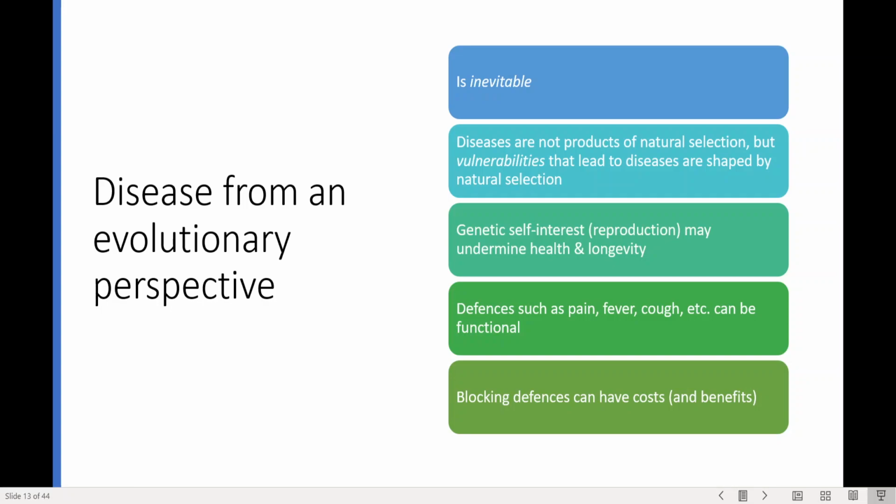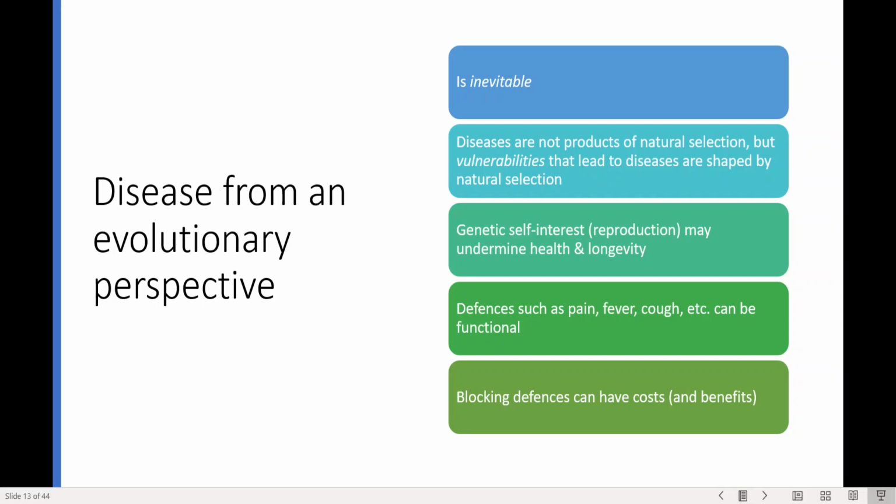The important point here is that diseases are not themselves products of natural selection, but the vulnerabilities that could lead to diseases, to suffering, to problems that do not allow us to function properly, are shaped by natural selection. Right?